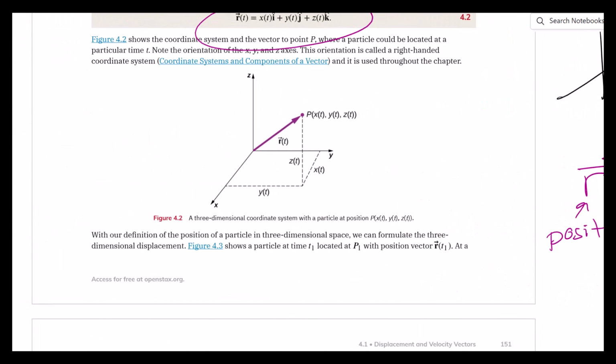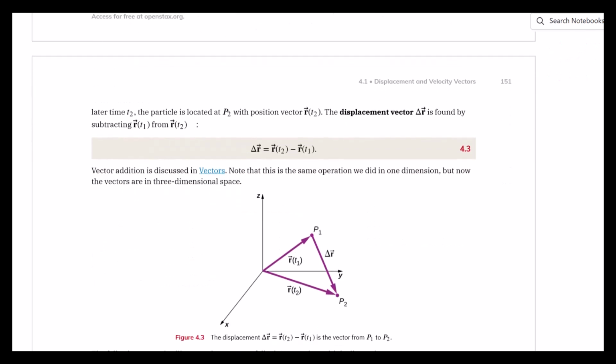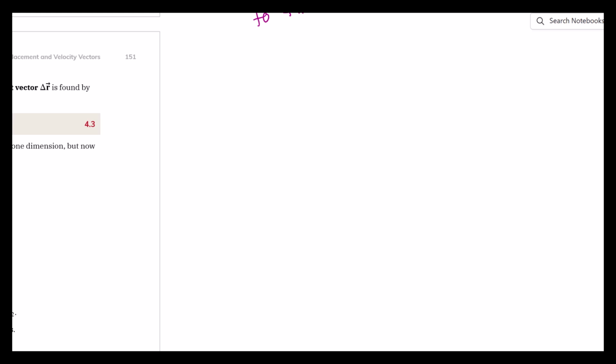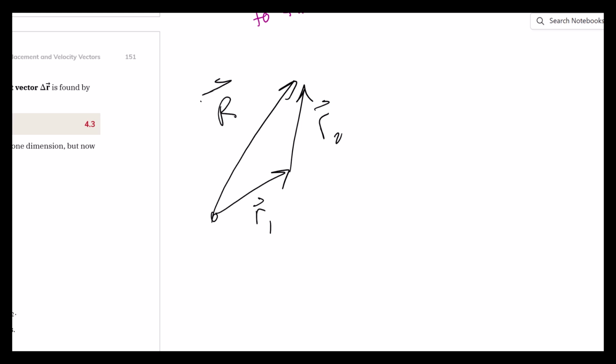Okay, so that's our position vector, always considered r. Now, if I have some r1 and I have an r2, the resultant is this one. So I know that my resultant is r1 plus r2.